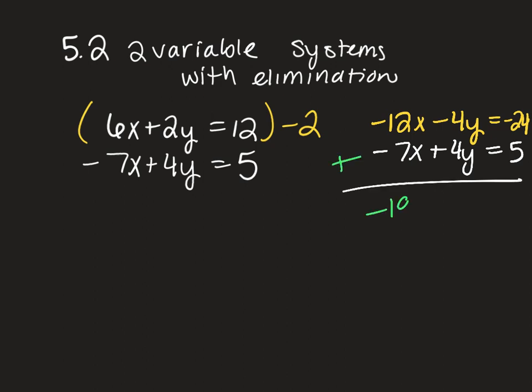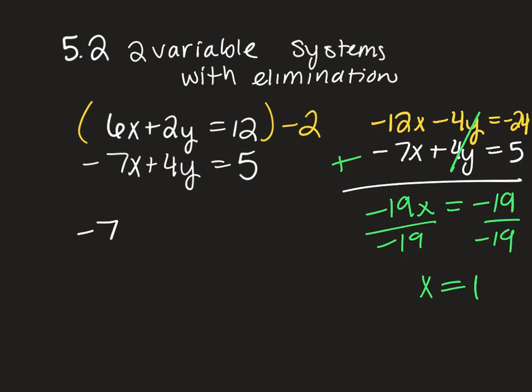So we get negative 19x equals negative 19. So when we divide, we get x equal to 1. And then we plug back into one of our originals. I'm going to plug it in the bottom one. So I have negative 7 times 1 plus 4y equals 5.